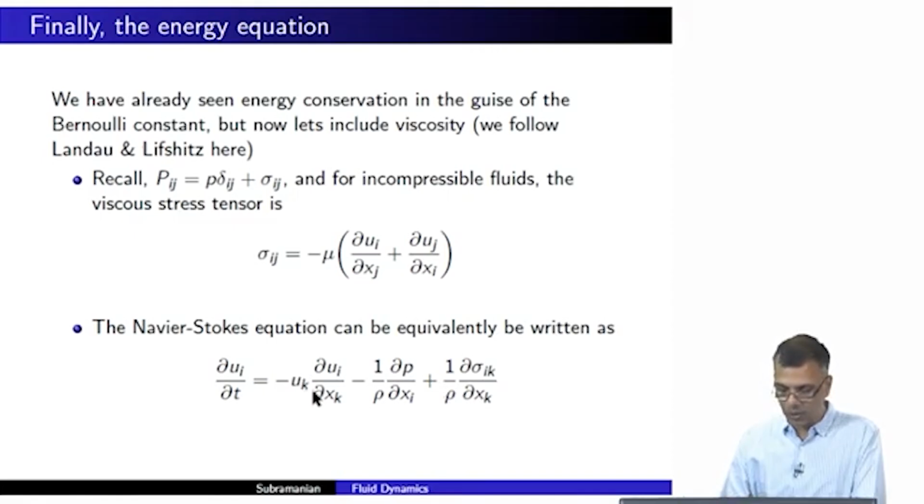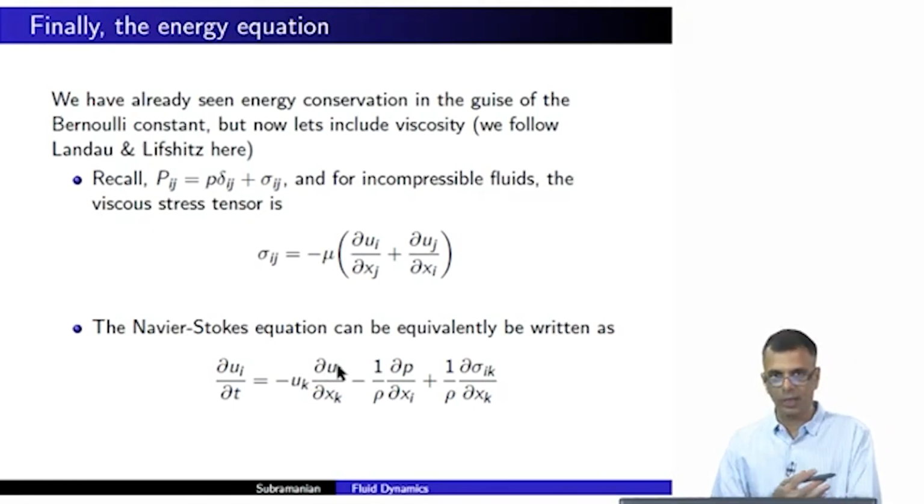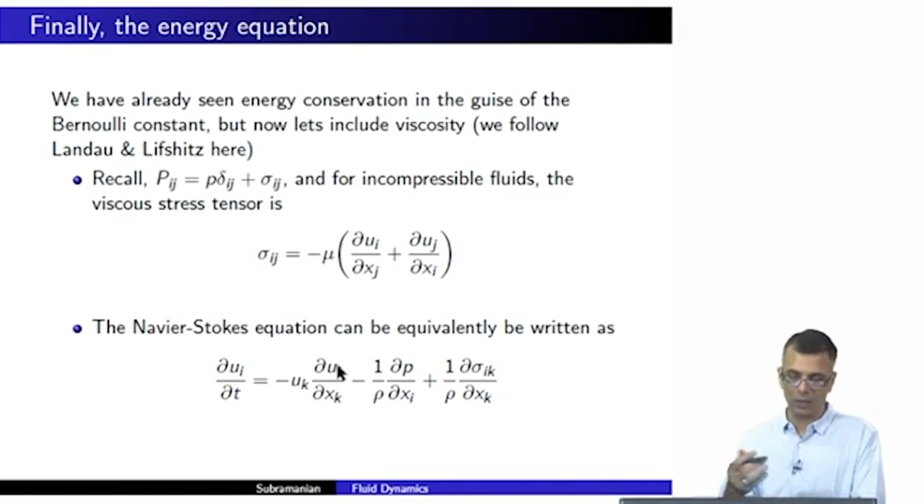Wherever you see a repeated index, it implies a summation. In other words, this would be, say, u1, and i is constant, so u1 du1/dx1 plus u2 du1/dx2 plus so on and so forth, where x1 could be x, x2 could be y, and so on. So wherever you see an index which is repeated, here you see the k is repeated, it implies a summation.